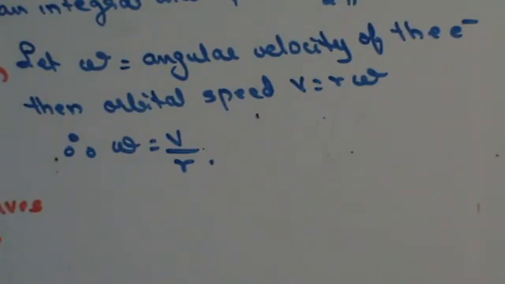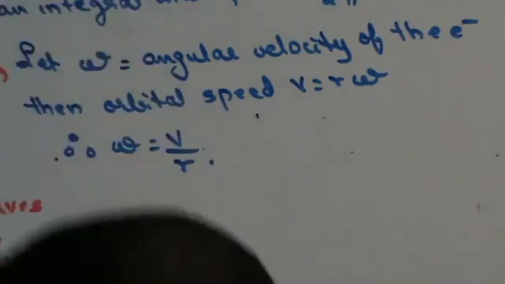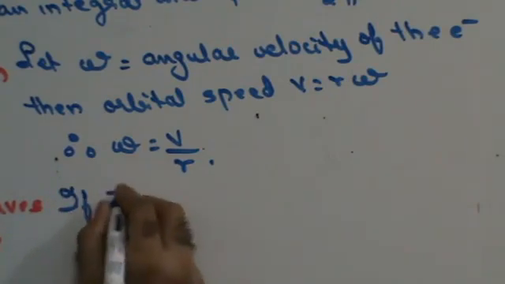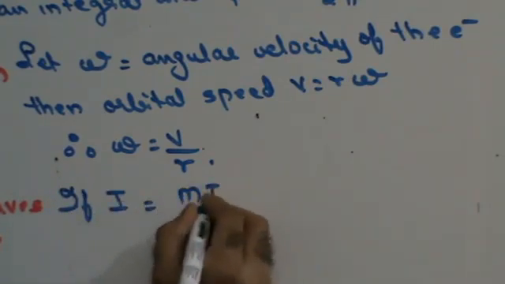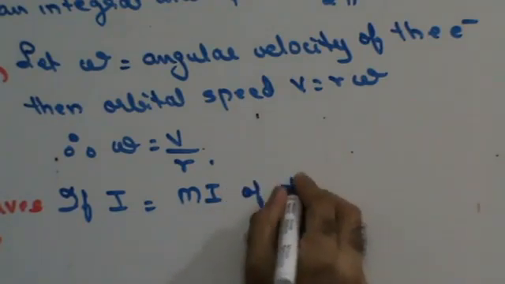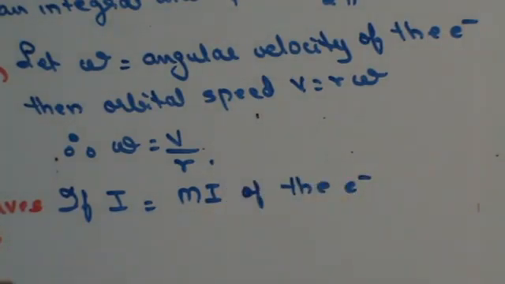So I'll come to know the angular velocity. Now if I is the moment of inertia of the electron, then I is equal to mr square, by basic definition of moment of inertia.